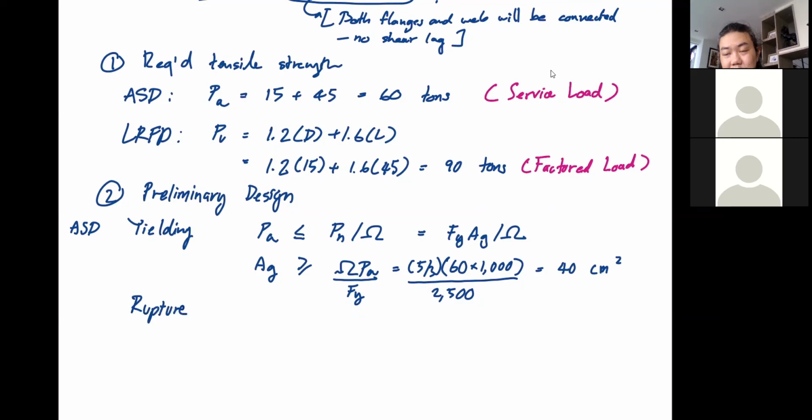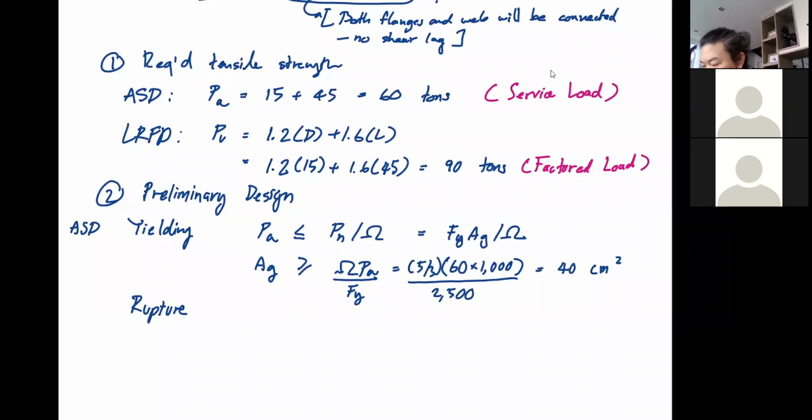And because every element is welded to the support, there's no shear lag. So I can safely say that my effective net area is just my net area. So, the same thing.